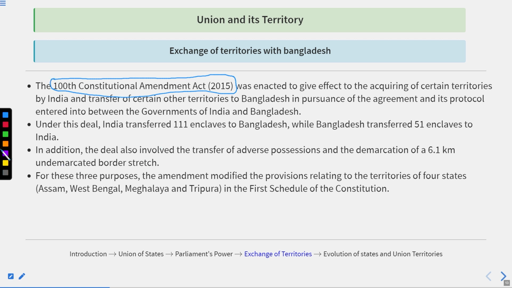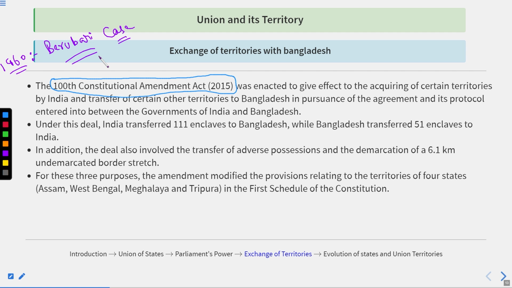Because we had discussed in the previous lecture that in the 1960 Berubari case, the Supreme Court ruled that the power of transferring an Indian state to a foreign state is required to be implemented by the power of constitutional amendment.